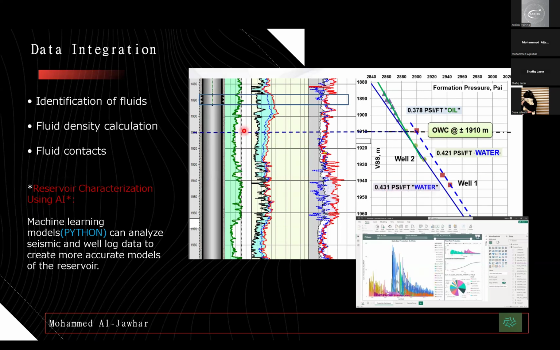Maybe it should be here, but you go deeper and perforate this interval because you don't have the accurate data, and you have it almost here in this interval, so all water came to your facilities. So this is a very bad decision example if you have wrong data and you have not qualified people.